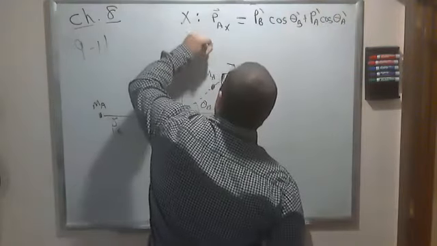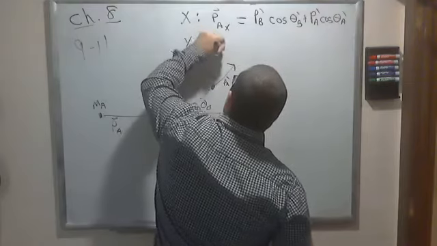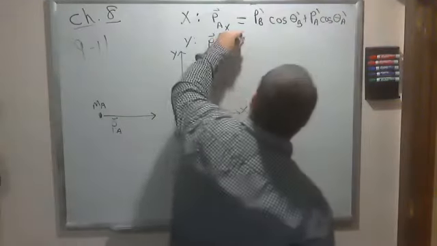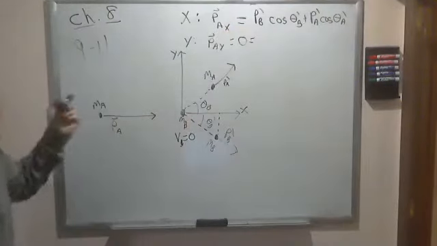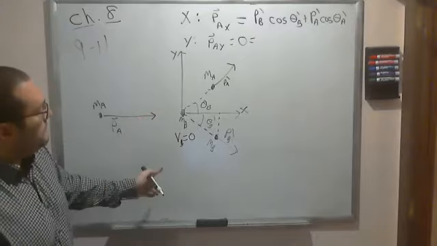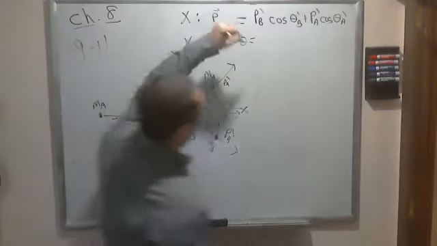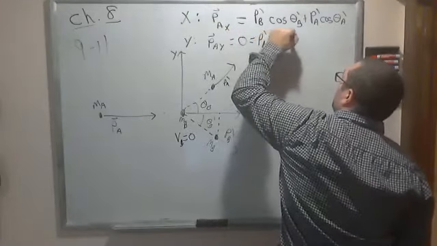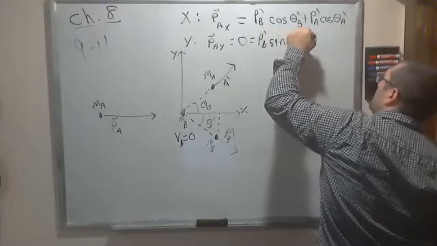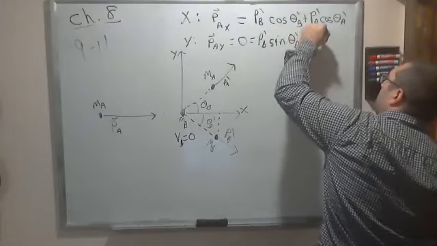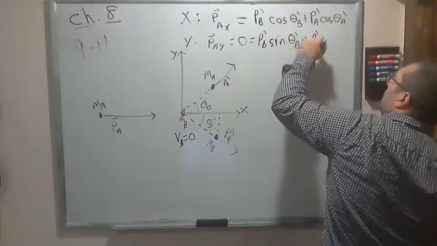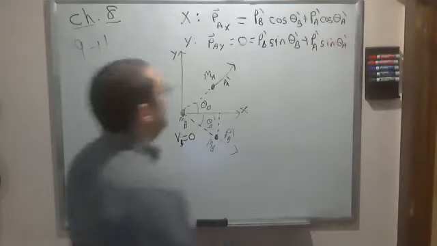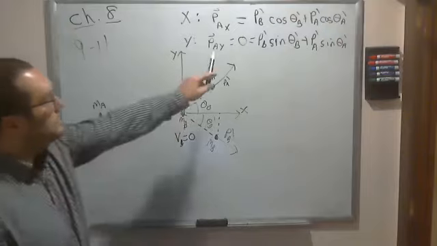And in the y, what is the initial momentum in the y? Well, it's 0. So the total momentum in the y direction has to stay 0. So this means that PB sine theta prime b plus PA sine theta prime a is equal to 0, right?